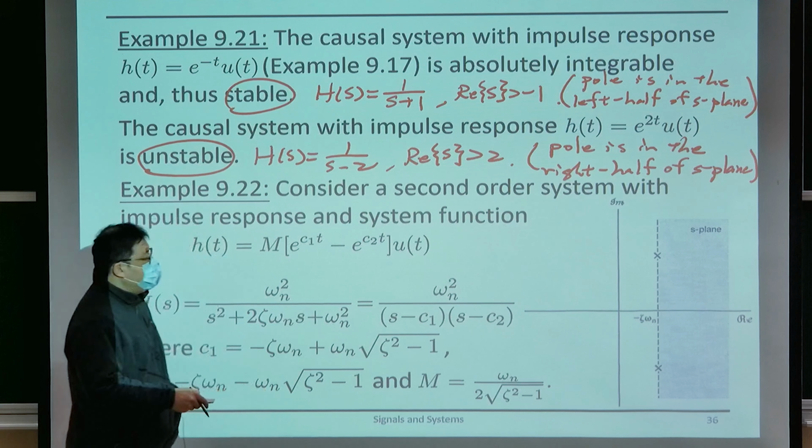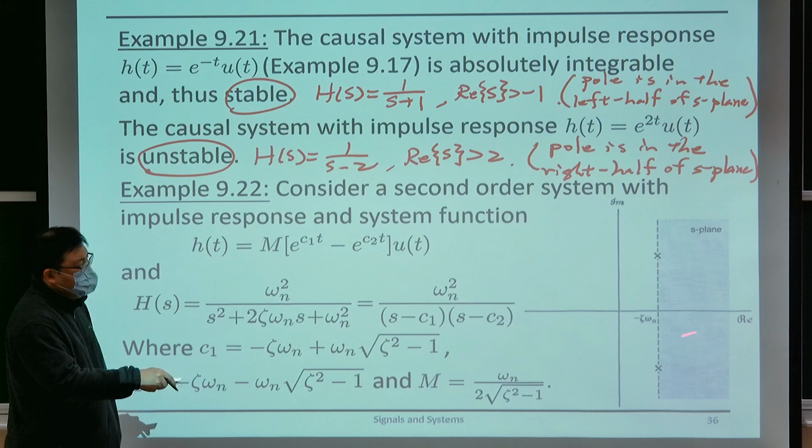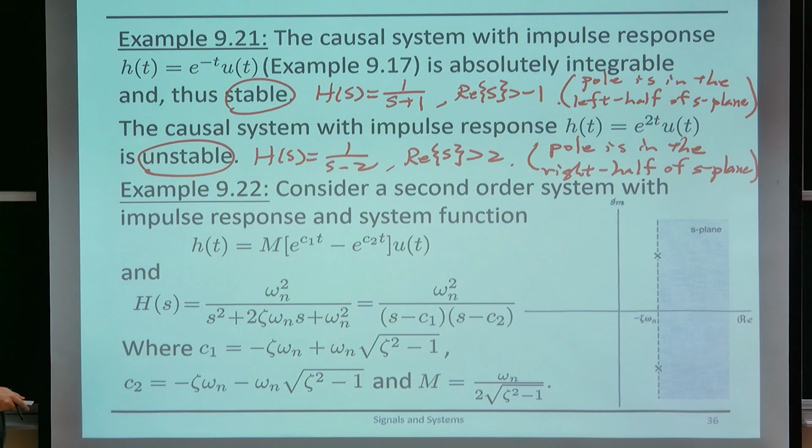And therefore, such a causal system cannot be stable because it cannot include the j omega axis. So this is the case for zeta less than 0.